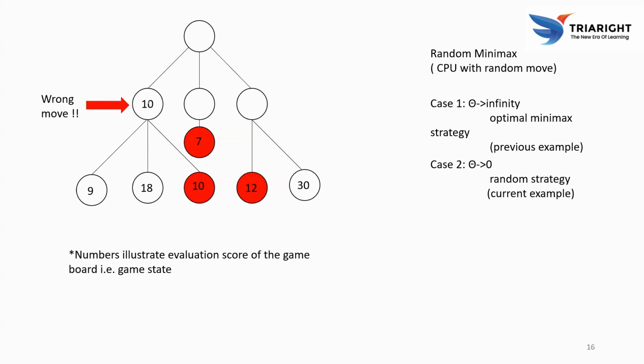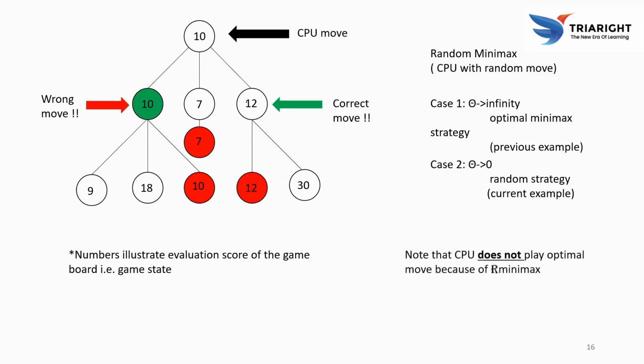So here we have a wrongly picked move. The right move to pick is 9 here. So it gets wrong moves. The correct move is 12. So this is obviously a wrong move. This is the CPU move. Note the CPU does not play optimal moves because it is random minimax.